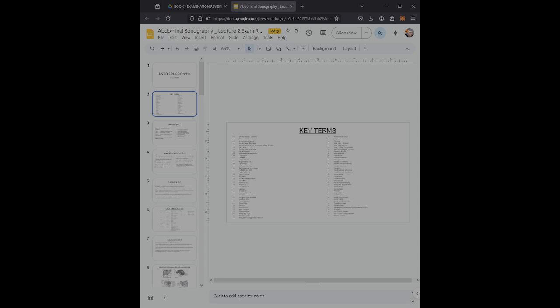Focal nodular hyperplasia, this is a benign liver mass composed of a combination of hepatocytes and fibrous tissue, and it typically contains a central scar. The gastroesophageal junction, this is the junction between the stomach and the esophagus. Glisson's capsule, this is the thin fibrous capsule casing of the liver.